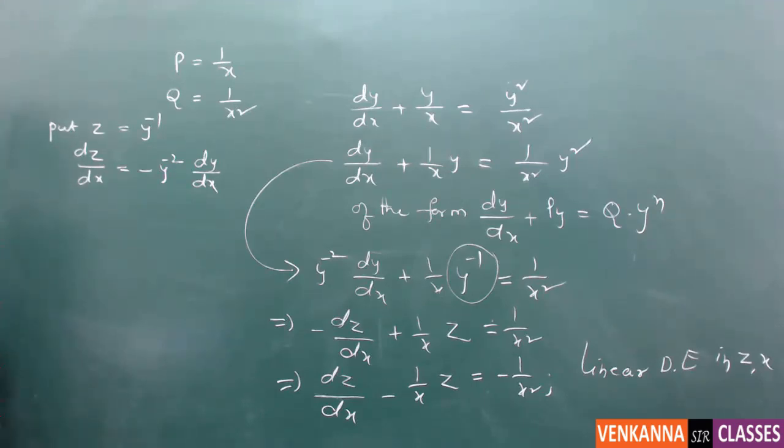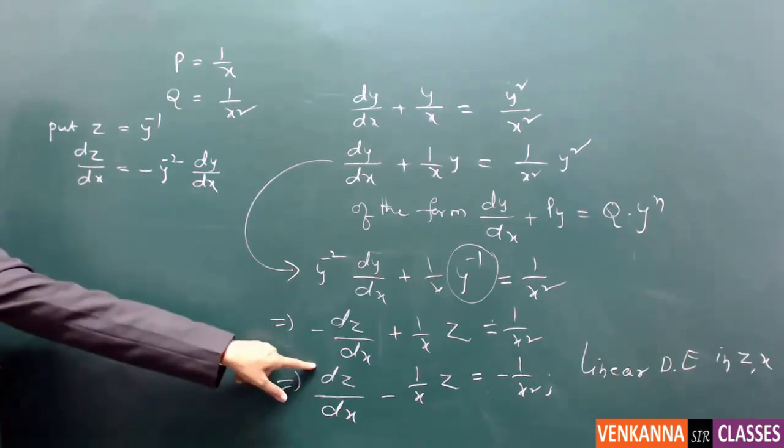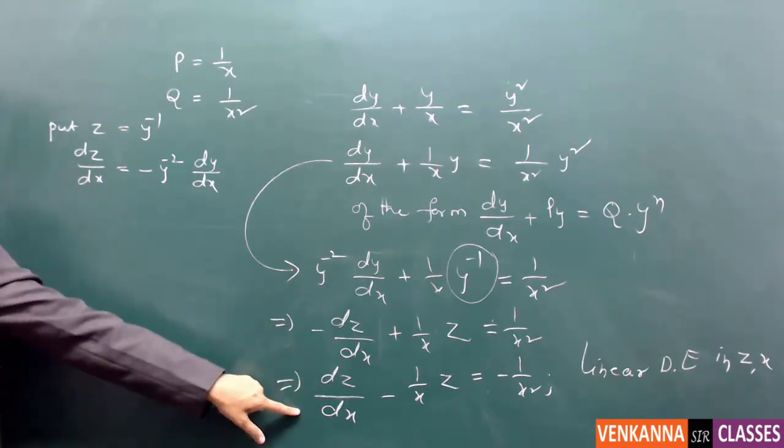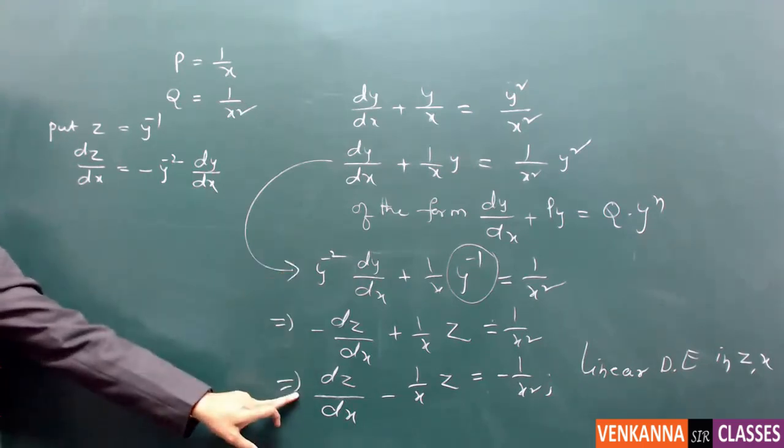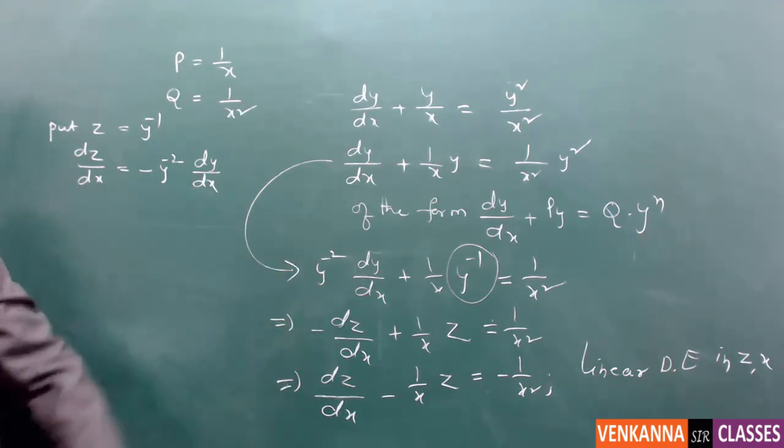Please observe the pattern, then ask your doubts: how the Bernoulli equation is converted into linear type. So here, the dependent variable is z, the independent variable is x. The independent variable is not going to change, we are just changing the dependent variable.